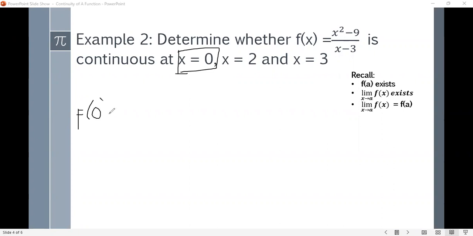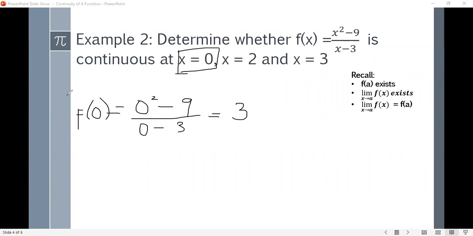F of 0 is equals to 0 squared minus 9 over 0 minus 3. So, meron po tayong 0 squared is 0 pa rin. Negative 9 over negative 3. So, negative 9 over negative 3 is also equals po kay 3. Since negative divided by negative is also positive. And 9 over 3 is also equals po kay 3.